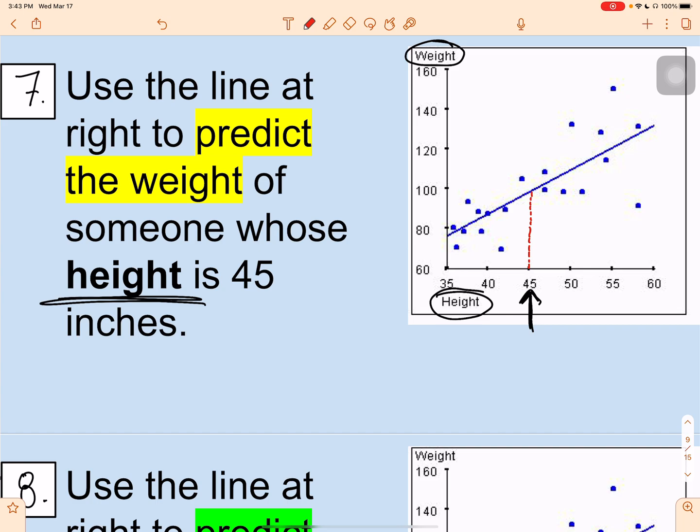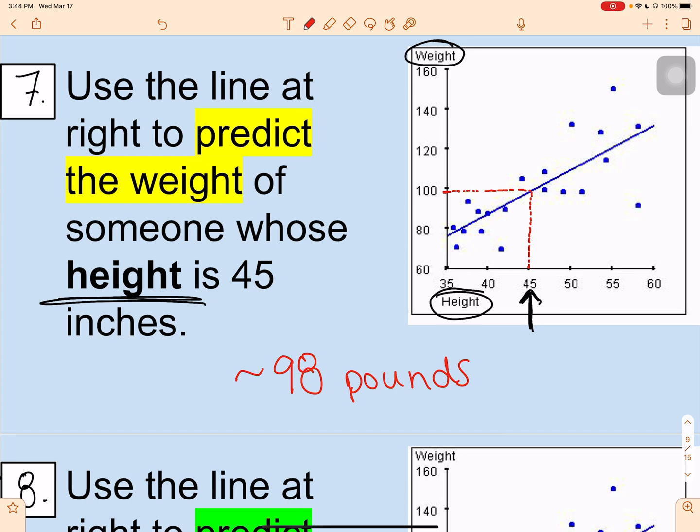So I'm going to go straight up, and then from there, I'm going to go straight across until I get over to the y-axis. So I get right about there, almost to 100, but not quite. So my prediction is about 98 pounds, I'll say. That's how much somebody who is 45 inches tall is approximated to weigh based on this data.